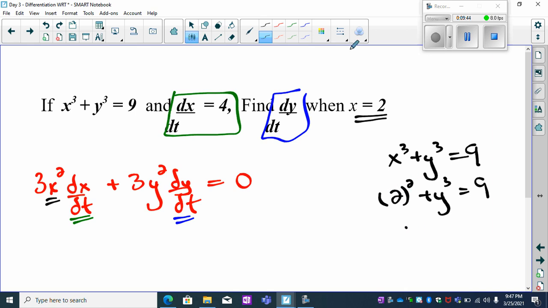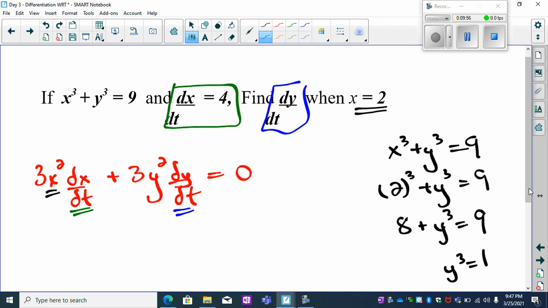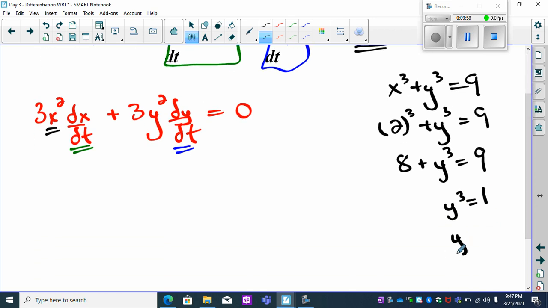I get 2 cubed is 8, plus y cubed equals 9. Y cubed is going to equal 1. The cube root of that would also be 1. Okay, so I just subtracted 8 from both sides. So if y is 1, I'll fill that in here.